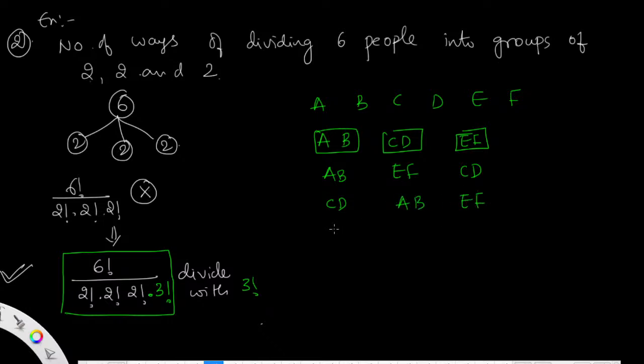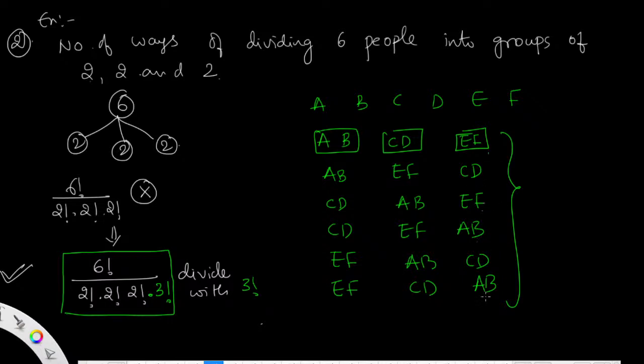Next, CD, EF and AB. Next, EF, AB and CD. Next, EF, CD and AB. How many arrangements are there in total? 1, 2, 3, 4, 5, 6. 6 can be written as 3 into 2 into 1, which is 3 factorial.